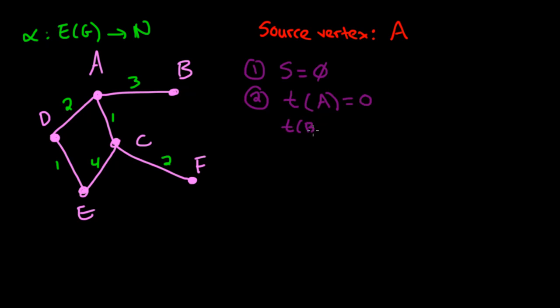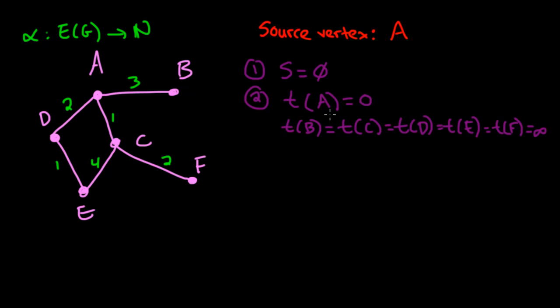So T of B, T of C, T of D, T of E, and finally T of F all equal infinity. So that's the second step, initialized.